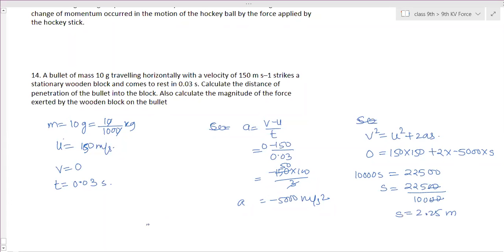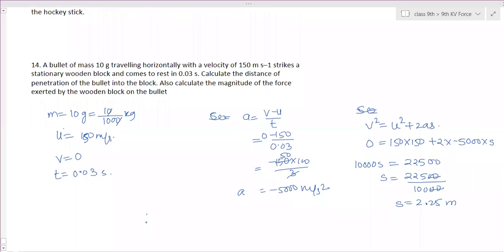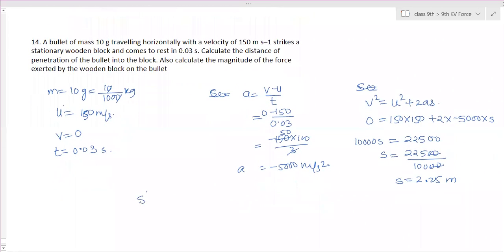Ma'am, can you just once do s is equal to ut plus half at square? 150 into 0.03 plus half into minus 5,000 into 0.03 into 0.03.